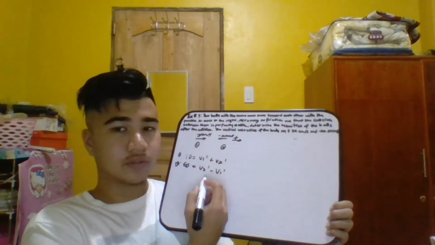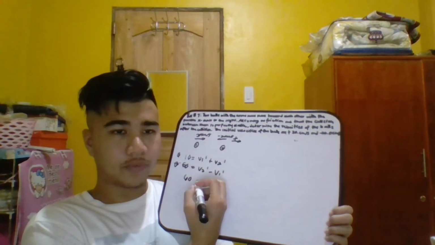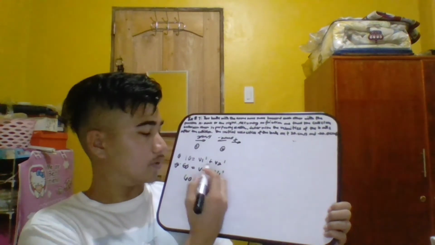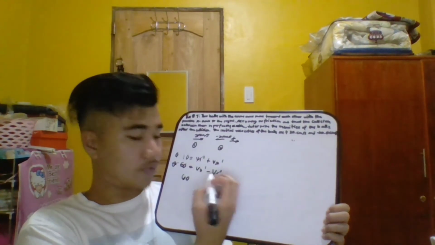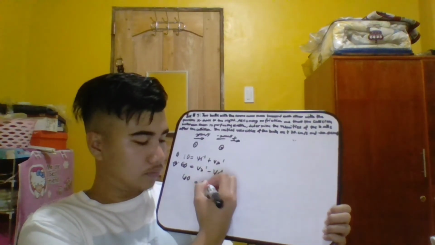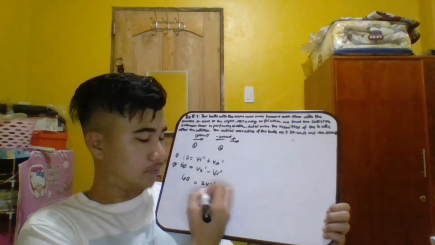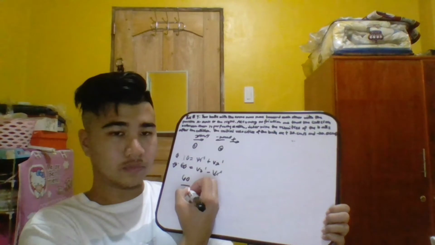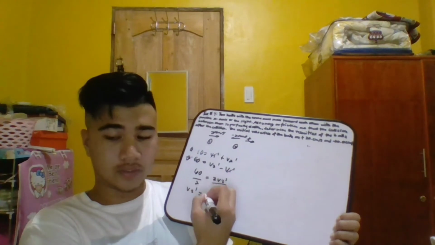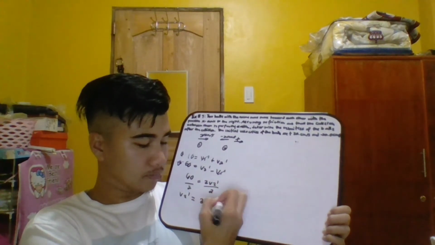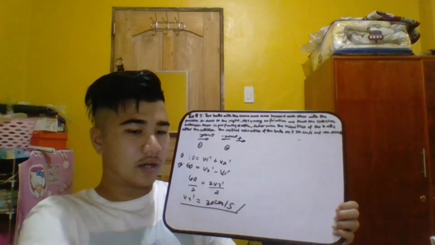We add the two equations. So 10 plus 50 is 60. And v1 prime minus v1 prime cancels, that is 0. And v2 prime plus v2 prime is 2 v2 prime. We divide both sides by 2. So v2 prime now is equal to 30 cm per second. This is the final velocity of ball 2 after the collision.